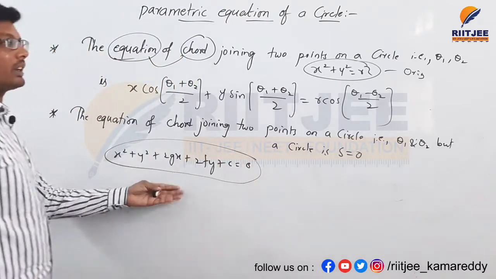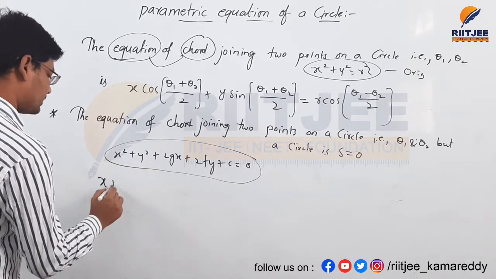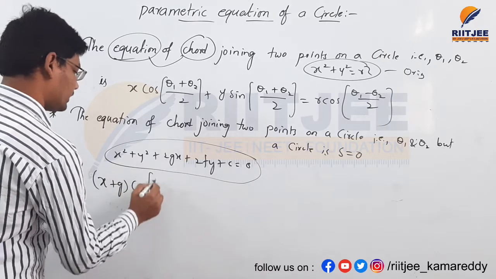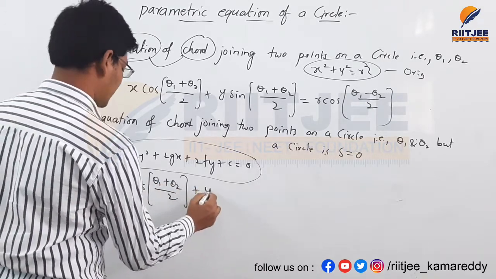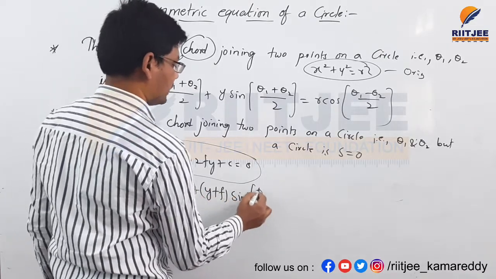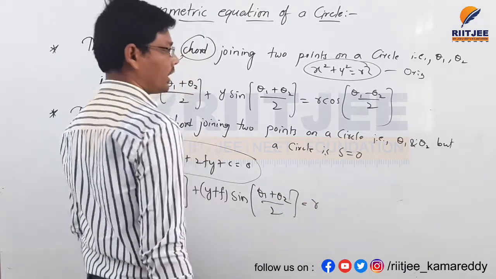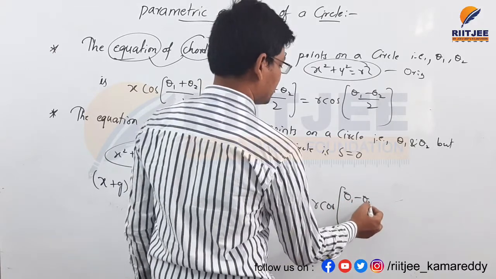For this type of circle the equation of the chord is (x plus g) into cos of (theta 1 plus theta 2) by 2 plus (y plus f) into sin of (theta 1 plus theta 2) by 2 is equal to r into cos of (theta 1 minus theta 2) by 2.